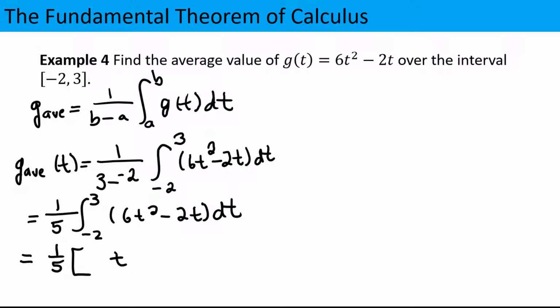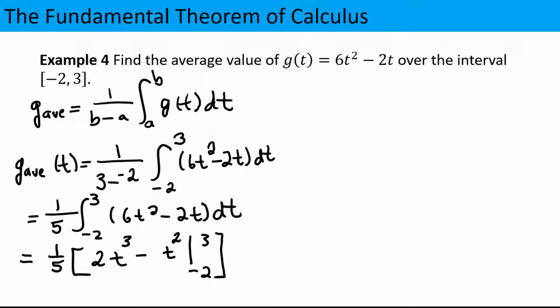To integrate, the power increases by 1, so the 2 becomes a 3, and you also divide by that. So 6 divided by 3 gives you 2, minus the integral of t, increase the power by 1, makes it squared. You also divide by 2, so the existing constant of 2 divided by 2 just gives you the t squared, and we want to evaluate this from -2 to 3.